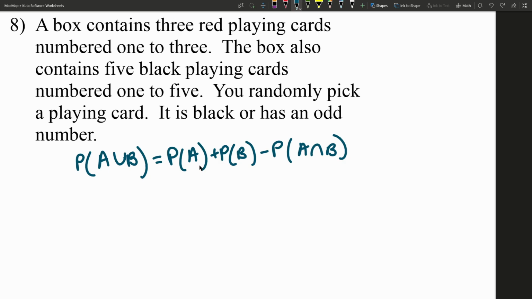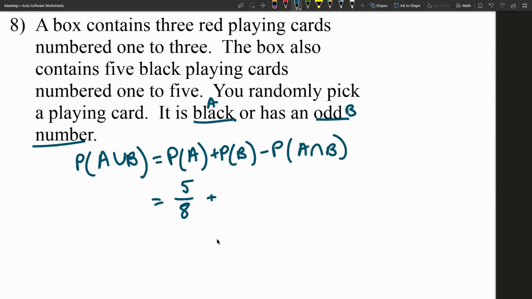And let's state that our event A is going to be that it's black, and our event B is going to be an odd number. So the probability that the card is black, well, how many cards are there total? There's 3 red cards and 5 black cards. So a total of 8 cards, 5 of them black. That's 5/8 of a chance of drawing a black card.